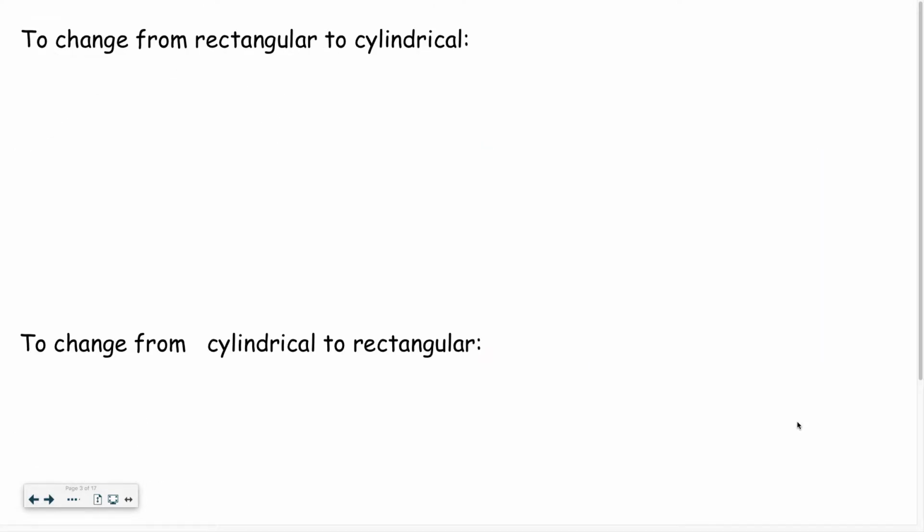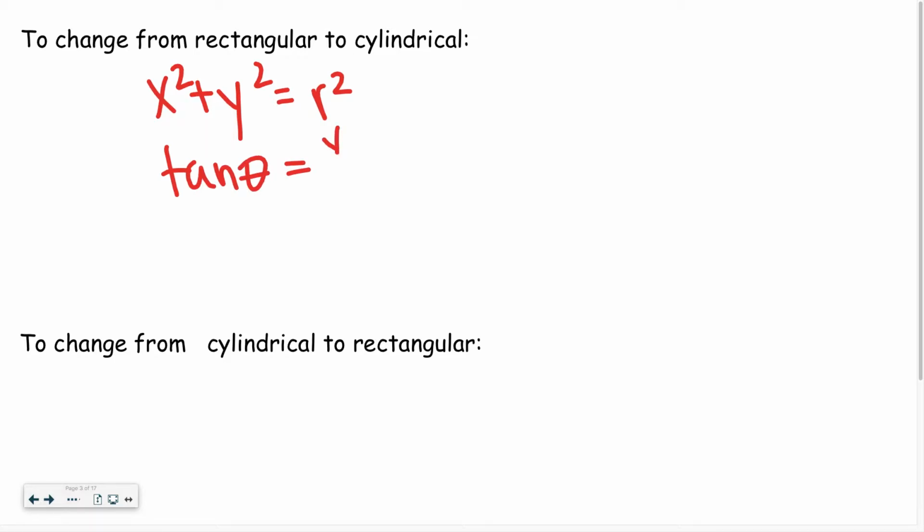So if we want to go from rectangular to cylindrical coordinates, we do the same thing we did before. x squared plus y squared equals r squared, and the tangent of theta equals y over x. In our 3rd dimension, z gets to stay a z.